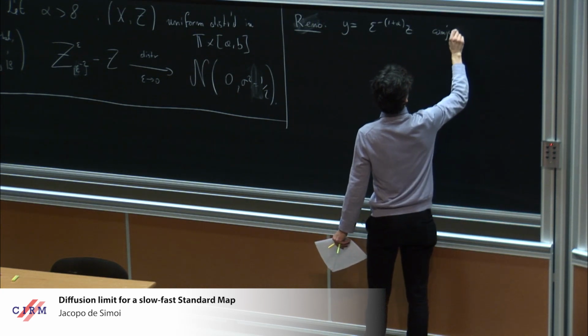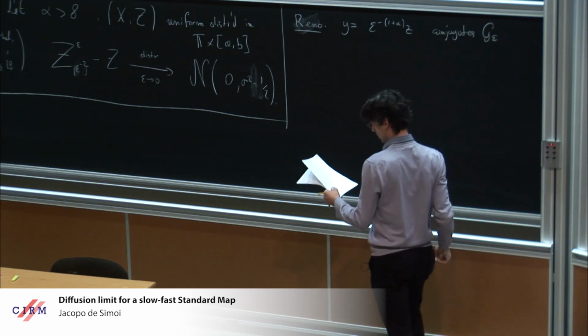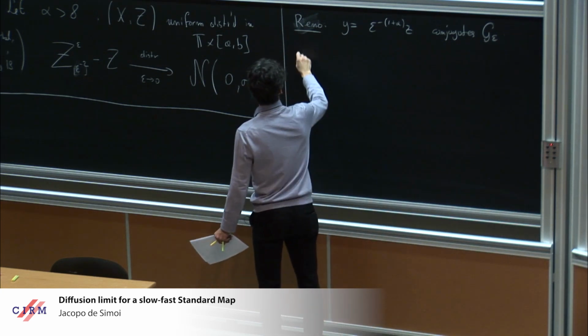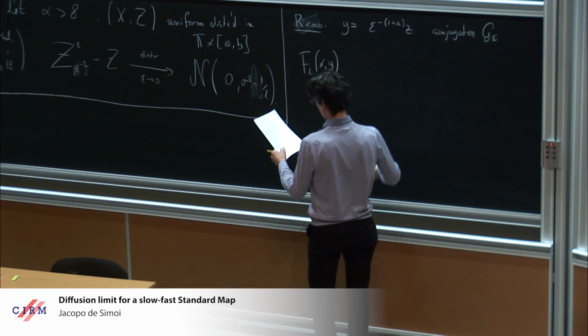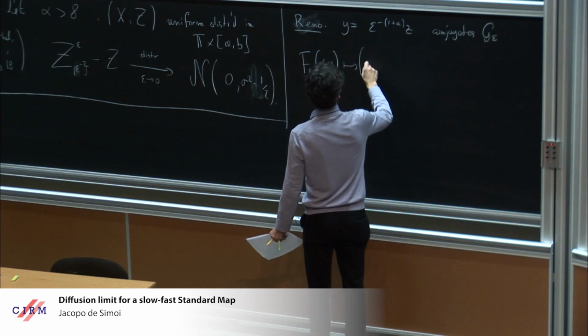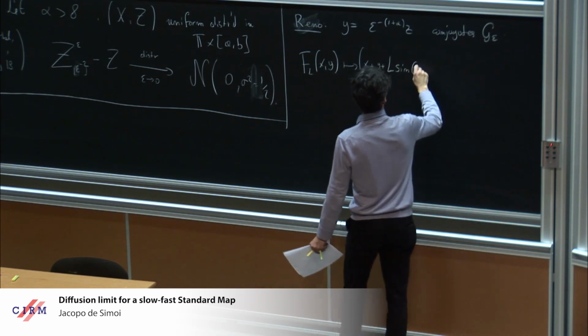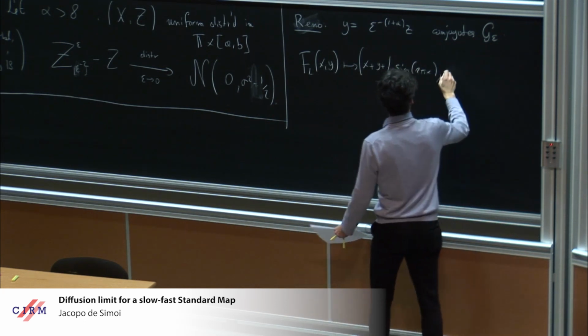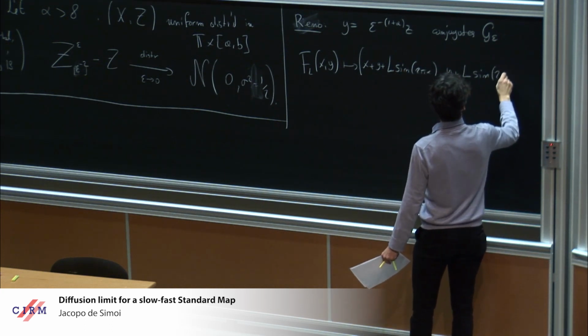g epsilon to the following map, which is the standard map. So F_L of x, y maps to x plus y plus L sine 2 pi x, comma y plus L sine 2 pi x.